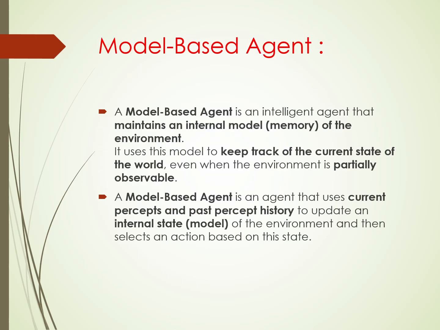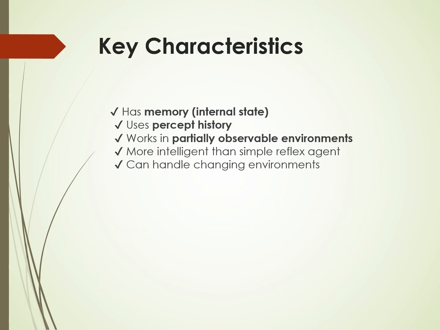Model-based agent. A model-based agent is an intelligent agent that maintains an internal model of the environment. It uses this model to keep track of the current state of the world, even when the environment is partially observable. It uses the current percept and past percept history to update the internal state of the environment and then selects an action based on this state.